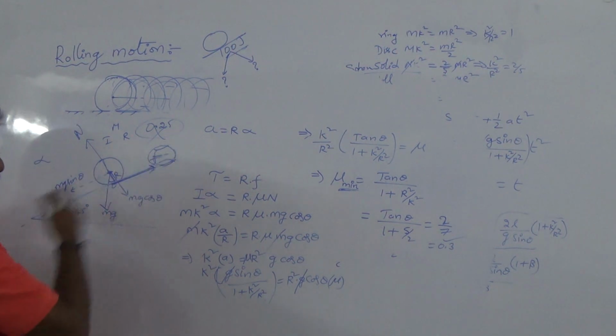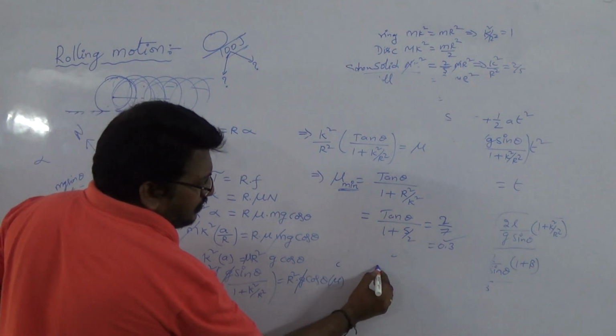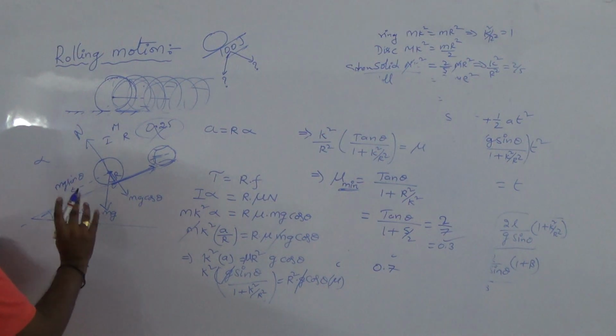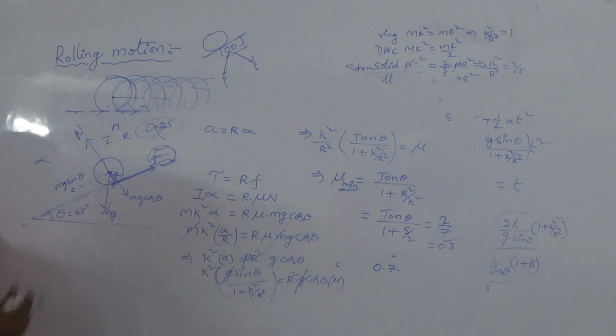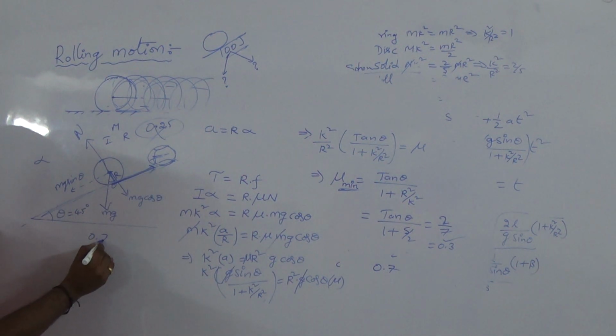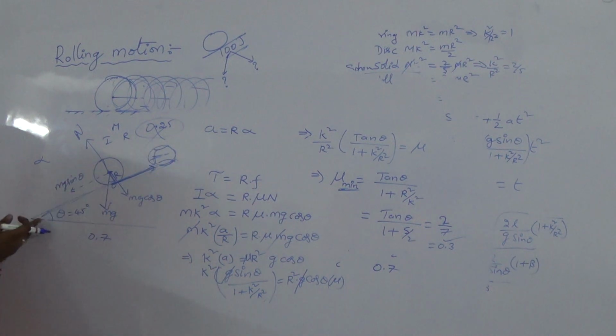The coefficient of friction of this surface is 0.7, and the inclined angle is 45 degrees. Which body is capable of rolling on the inclined surface? Once again, the coefficient of friction of this surface is 0.7 and the inclined angle is 45 degrees.